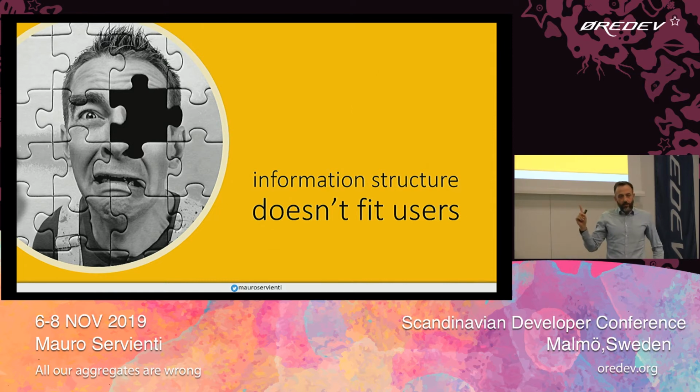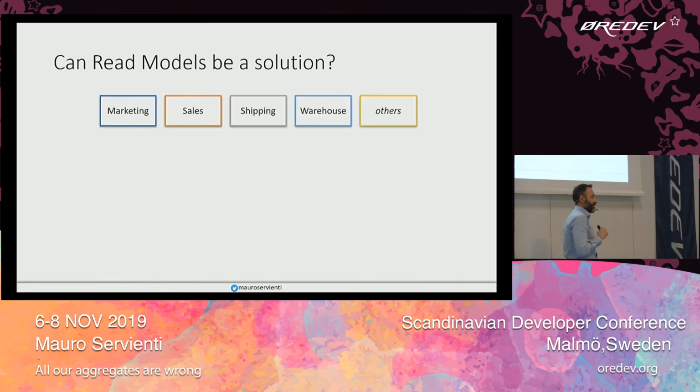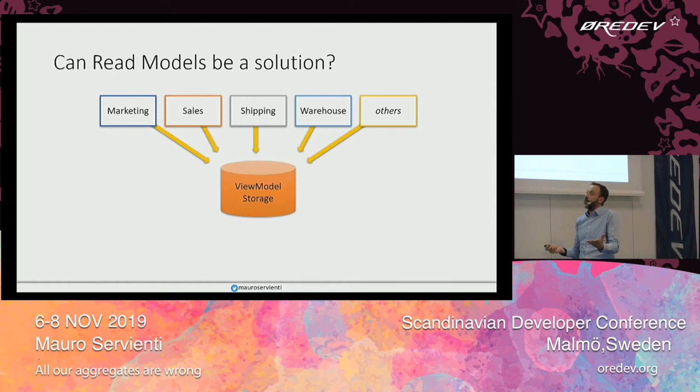In such a scenario, can read models be a solution? So, given our 5 services in the system, or 4 and whatever we want to add to the shopping cart, can we say, what if we push data in some way from these services to a storage?